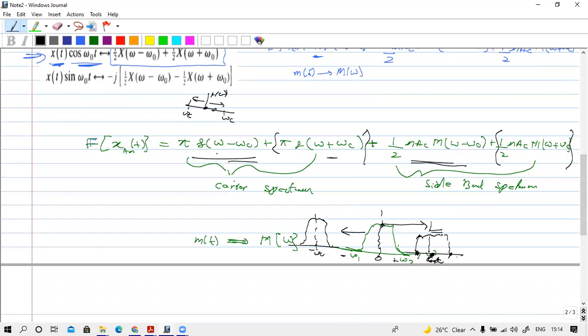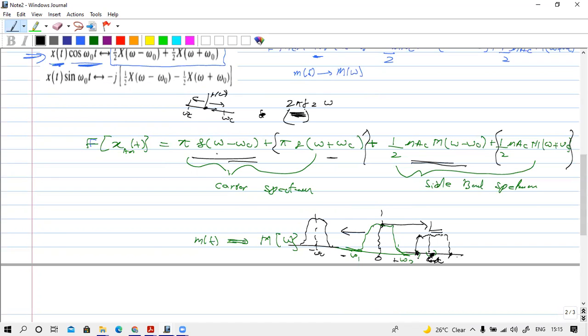In some books this is not in omega, it is in f. So this is the angular frequency and this is the frequency. You know how this is related: omega is equal to 2 phi f. If this is in f terms, sometimes this phi is not available here, and sometimes phi may appear inside the spectrum terms, depending on how you do the Fourier transform.